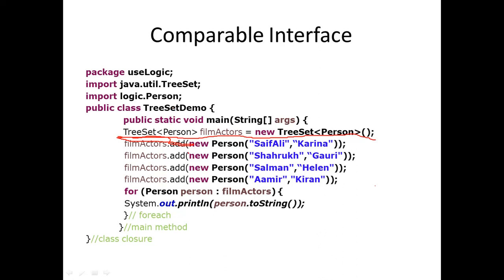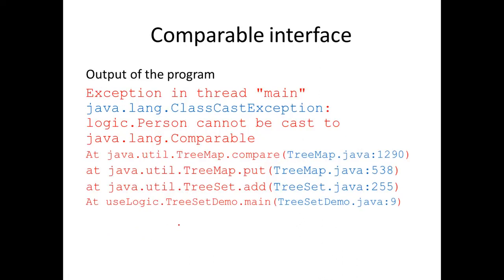When you try and run this program, what happens is this. You get an exception over here as ClassCastException. And why? Because logic.Person, which is a fully qualified name, cannot be cast to java.lang.Comparable.